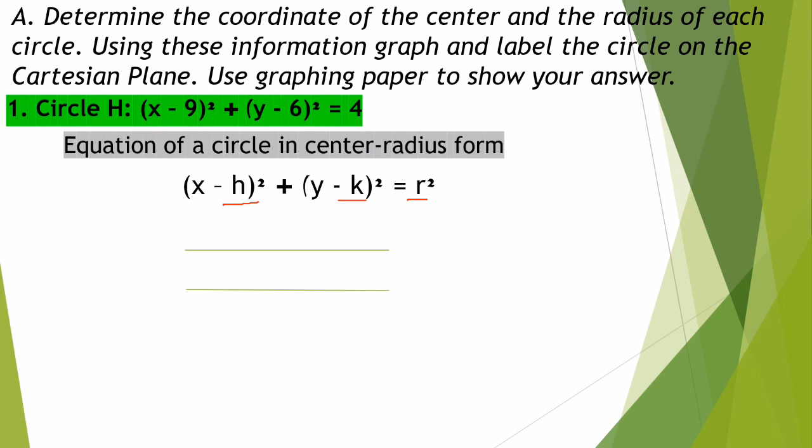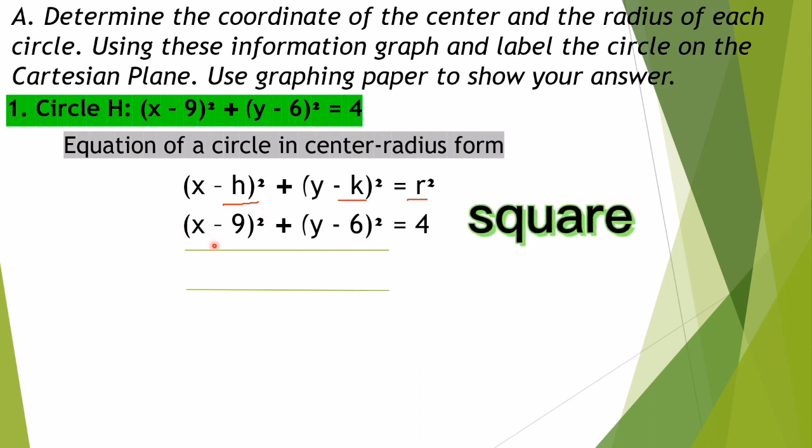So, kopyahin muna natin ang ating given sa baba ng ating equation, center-radius form. So, meron na tayong (x - 9)² + (y - 6)² = 4. So, to extract the root, maglalagay tayo ng radical sign in both sides.